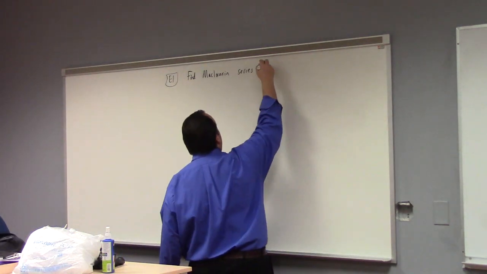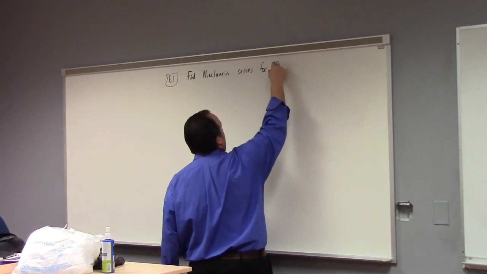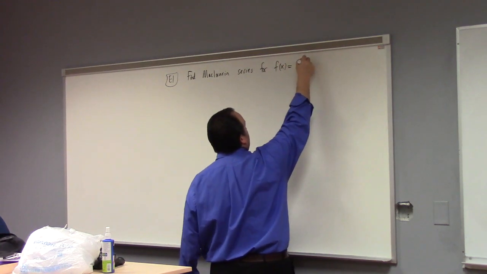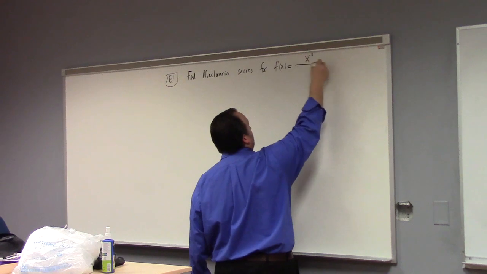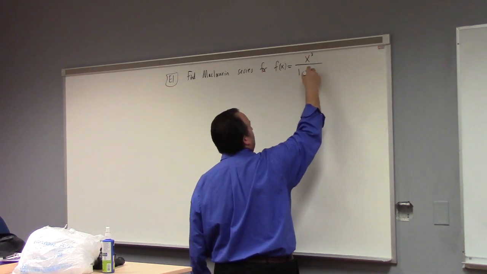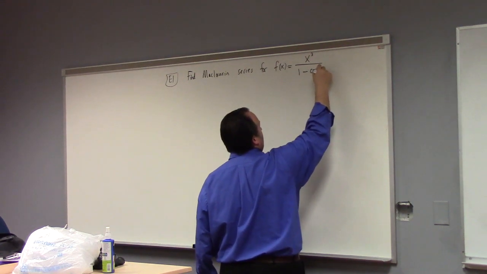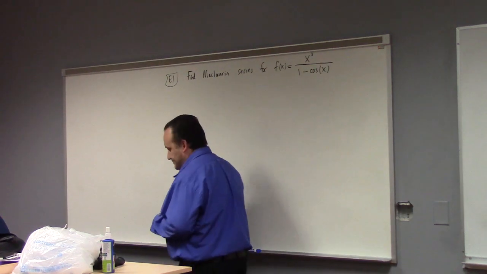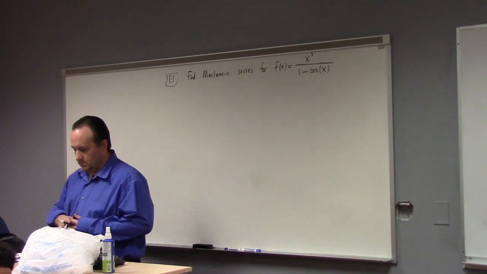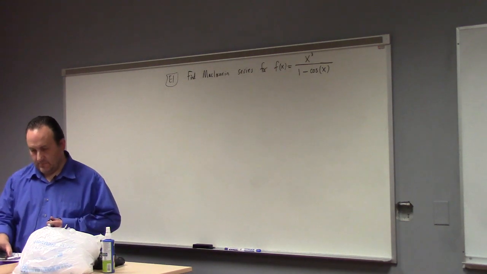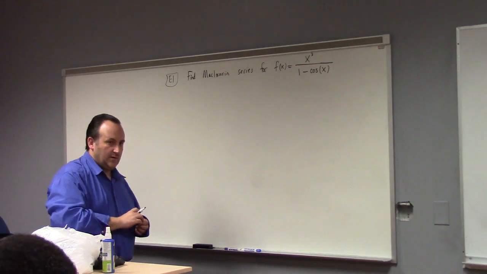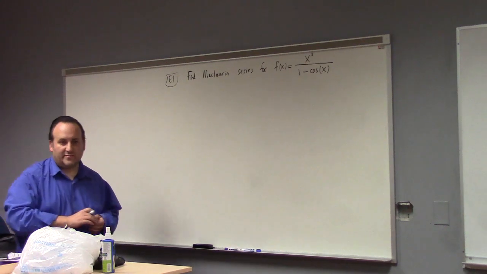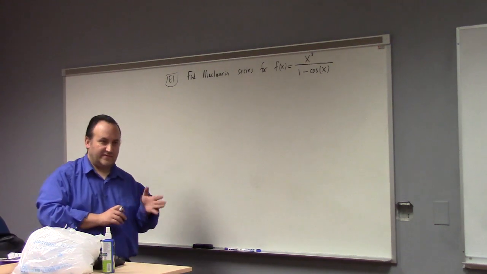Find the Maclaurin series for f of x equals x cubed over 1 minus the cosine of x. All right. This problem looks different than 101, but it's actually essentially the same problem.